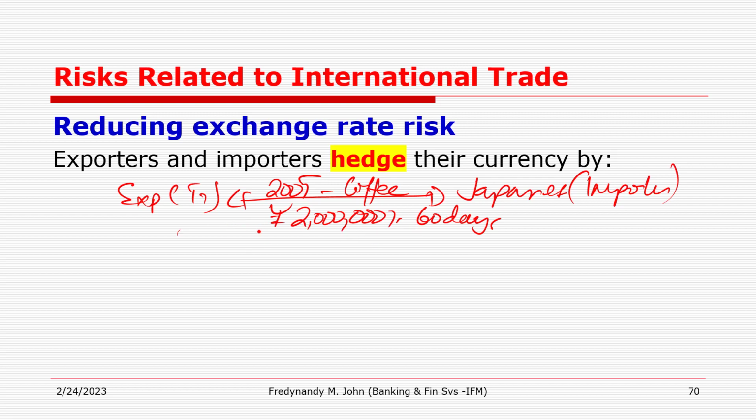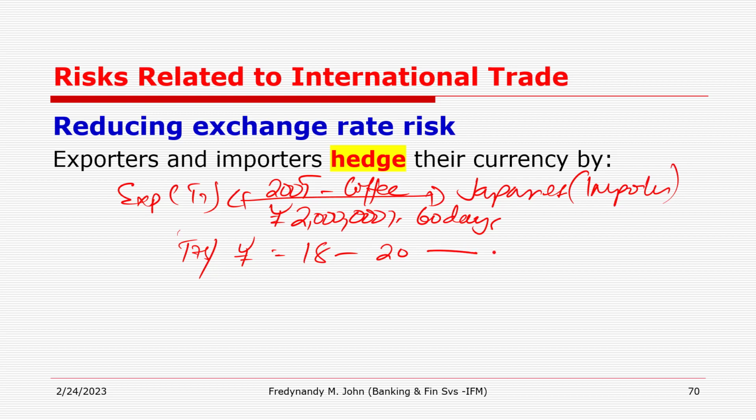On the date that they entered into this agreement, the exchange rate of Tanzanian shillings vis-a-vis Japanese yen was 18/20. That is, 1 Japanese yen is sold at 20 Tanzanian shillings and bought at 18.